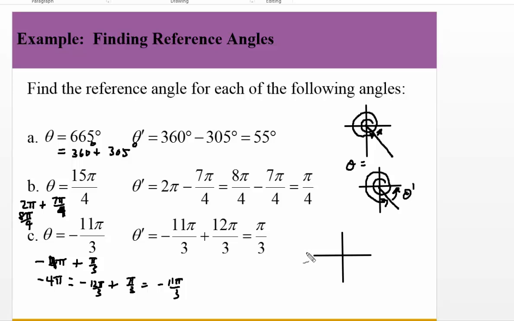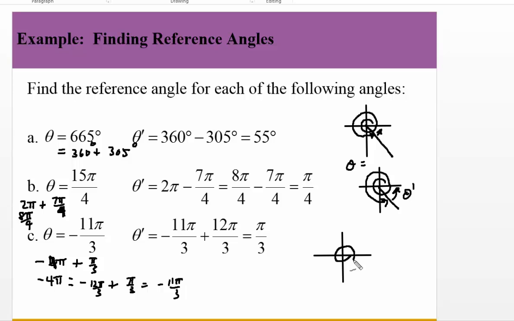All right, negative you ask, negative 11 pi over 3. Well, you could say negative 11 pi over 3 would be equal to negative 4 pi plus another pi over 3. So I'll go in a negative 4 pi direction. Watch this. Here we go. Here's negative 2 pi.